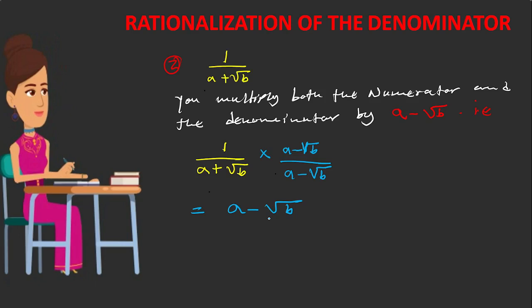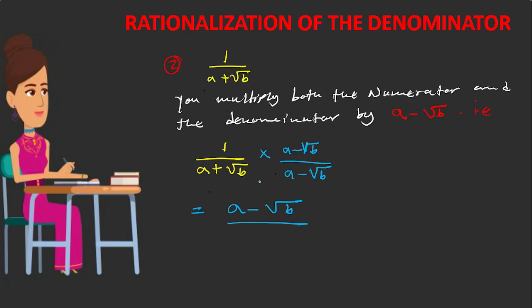Then if you observe down there, it is the difference of two squares. Since it's the difference of two squares, you're going to say a squared minus c square root b squared.